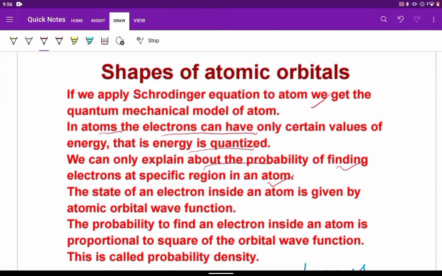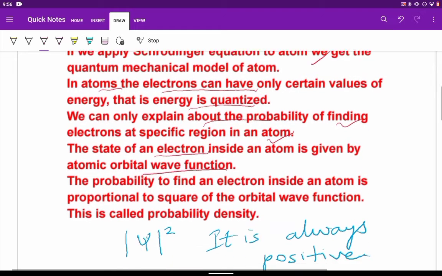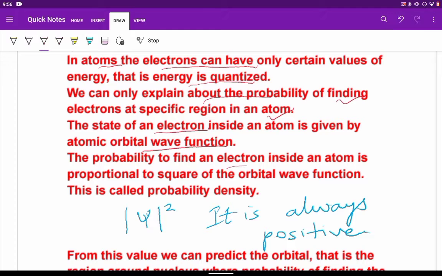Now inside an atom, the electron state is given by the atomic orbital wave function. The probability of finding an electron inside any atom will be proportional to the square of the orbital wave function.